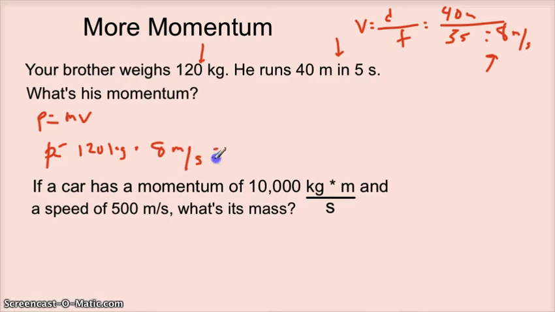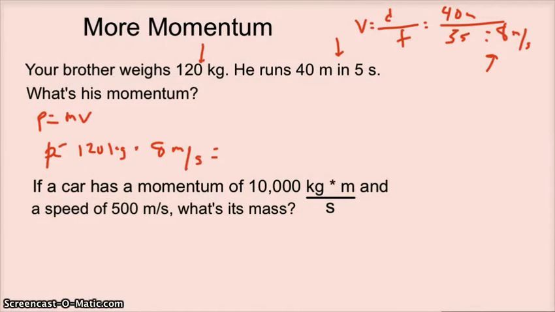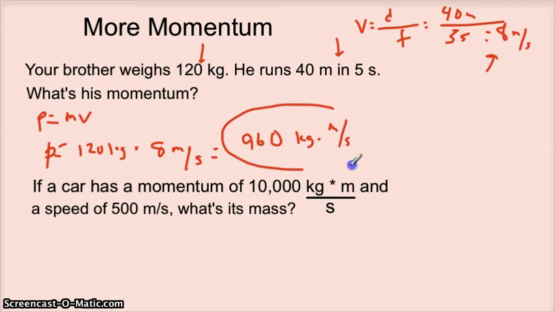So go to my calculator, 120 times 8 equals 960. 960 what? Kilograms times meters per second. That is the momentum. So that is your answer there.